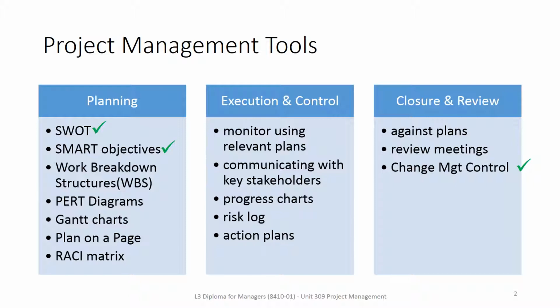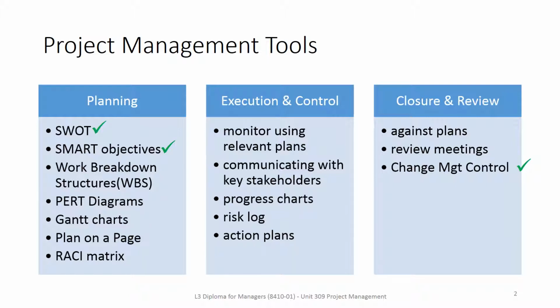So some of those we've already talked about. The ones with the green ticks we've already covered. So we looked at SWOT analysis when we went through managing people, and we looked at a personal SWOT when you looked at managing yourself. And then SMART objectives we looked at in 304 for leading people, and we looked at change management control in 308 when we were looking at operations management.